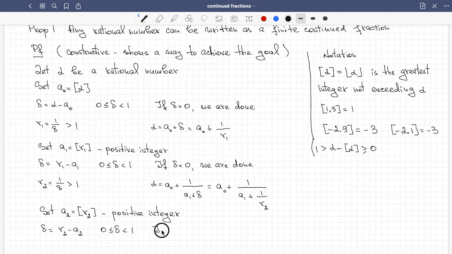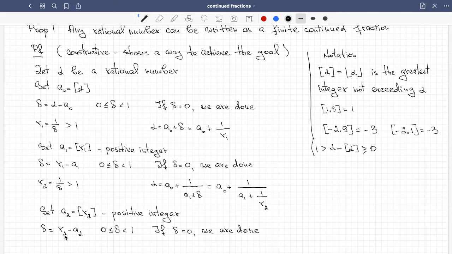And again, if delta is 0, we're done. Why that? Because what does it mean that delta is 0?